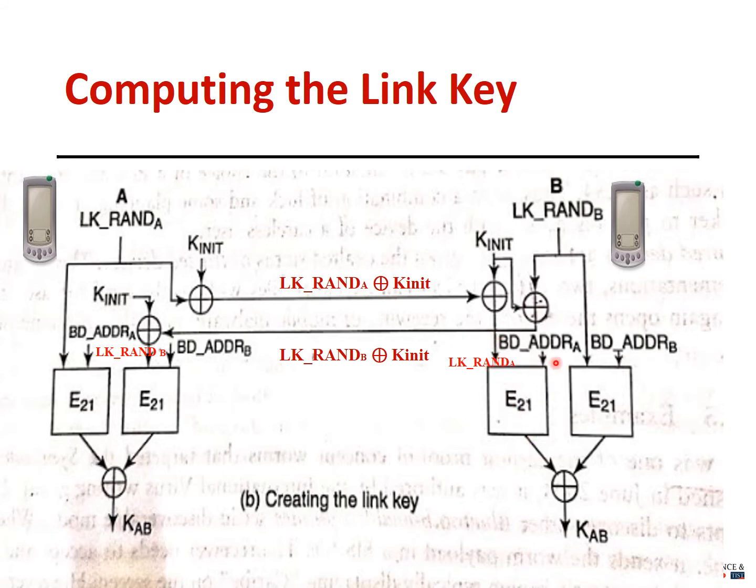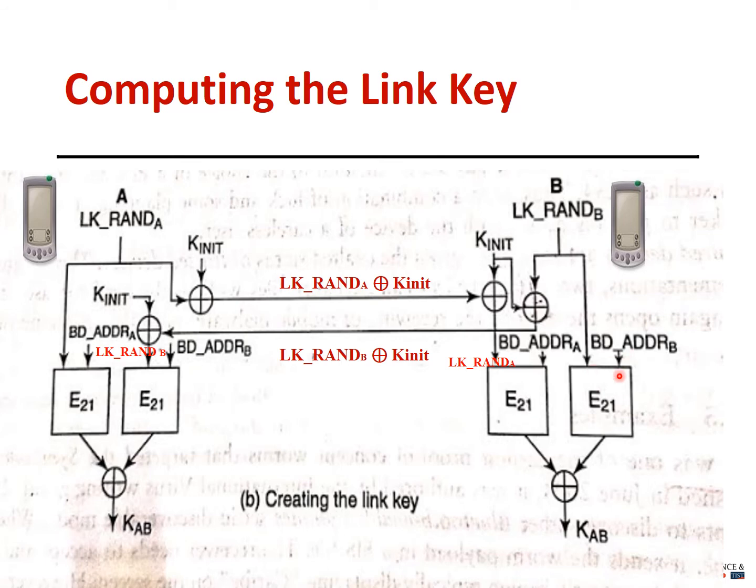In the first block, the input is the random number of A and Bluetooth device address of A. This random number is retrieved again on B's side by doing the XOR operation with the value received from A. The value was the XOR of K init and random number of A. It was fed into another XOR operation with K init again, and thereby it retrieved the random number generated by A. So this is the input, random number of A and Bluetooth device address of A.